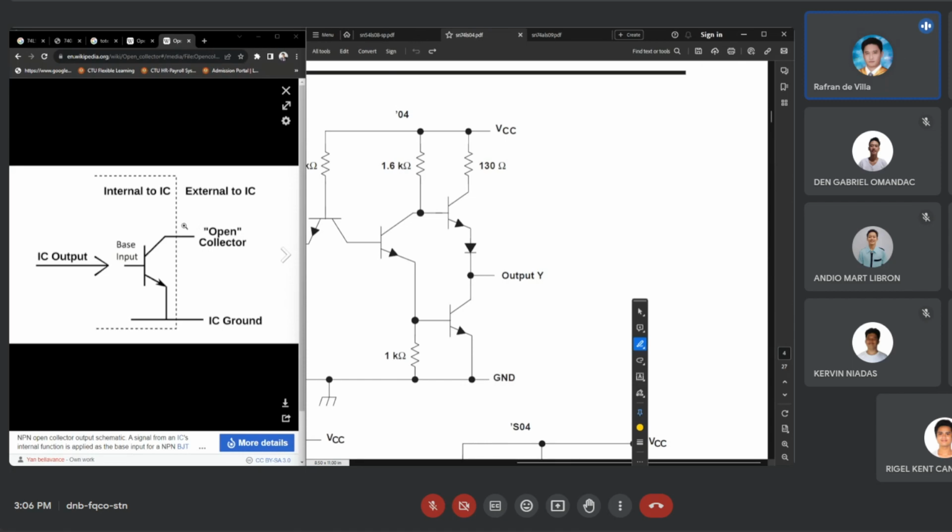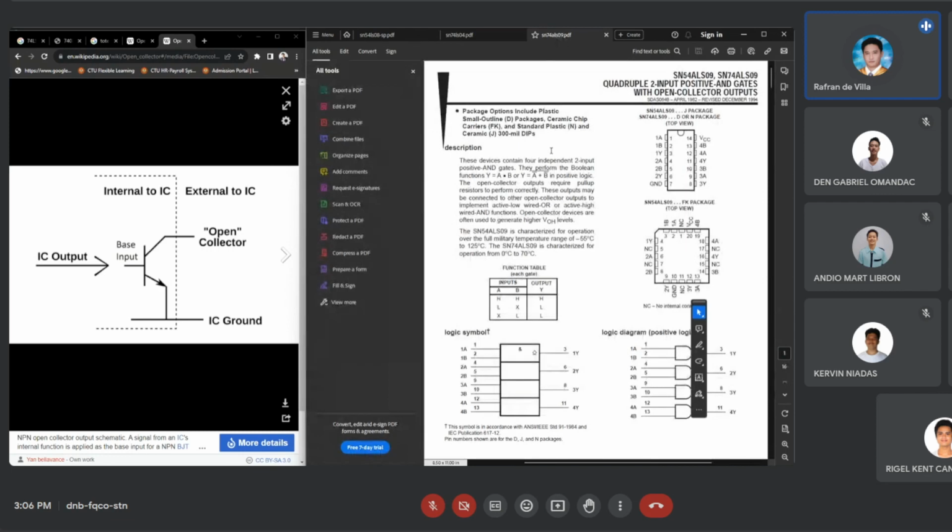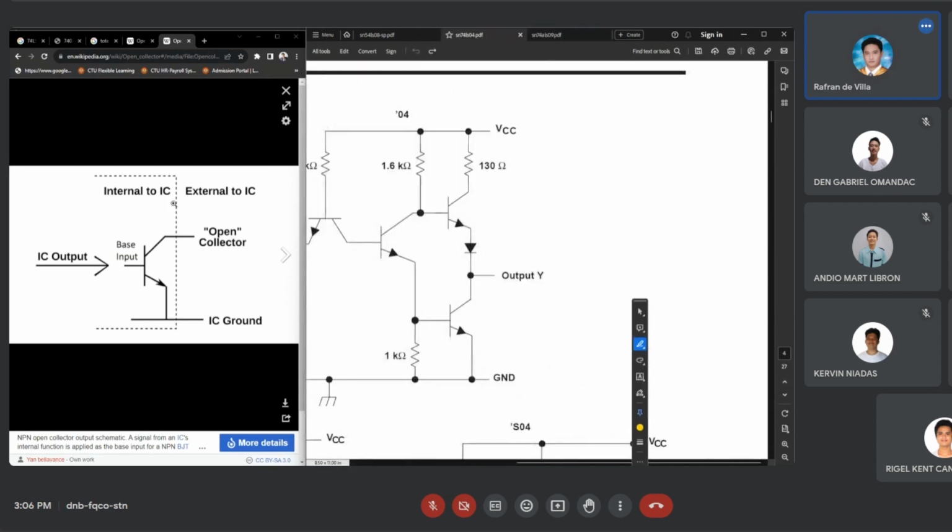Okay? So for this type of IC, the 7409, when it generates a high logic, it is equivalent to an open circuit. It is not capable of providing a positive voltage because, as you can see, there is nothing that generates it and there is no path from VCC to the output of your IC.